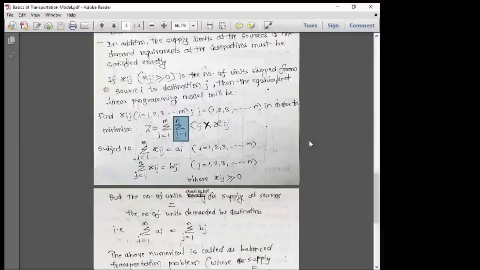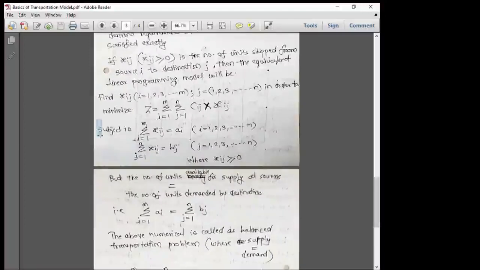This summation is for Cij Xij directly, where i is from 1 to m and j is from 1 to n. So the summation of the total transportation cost should be minimum, right? And what are the constraints with us? Subject to, that means that we have constraints. The constraints are the Ai.